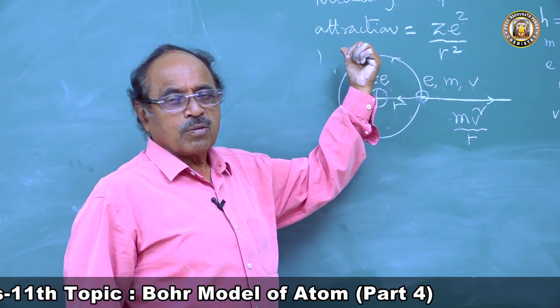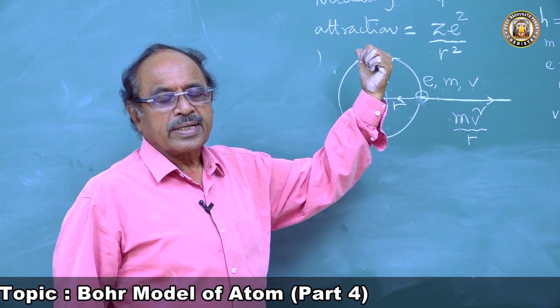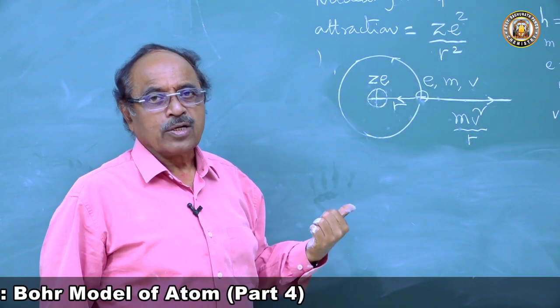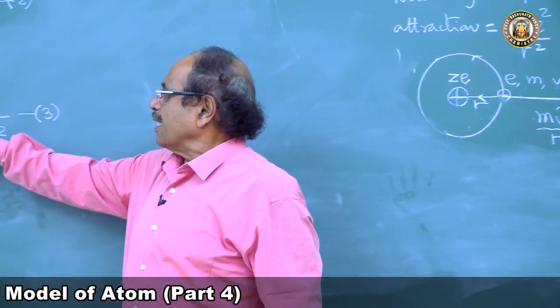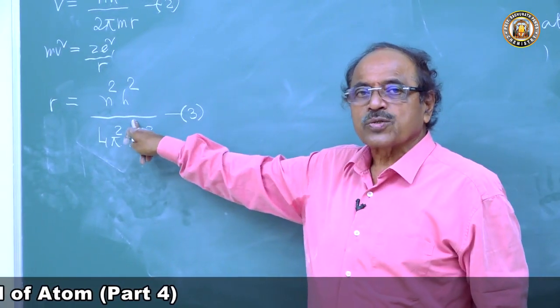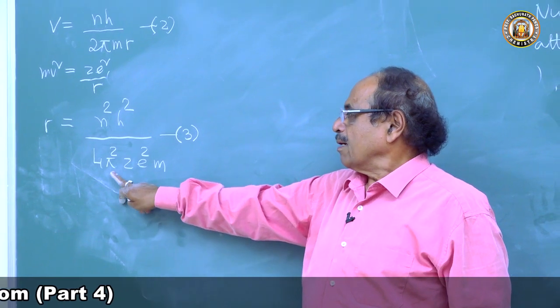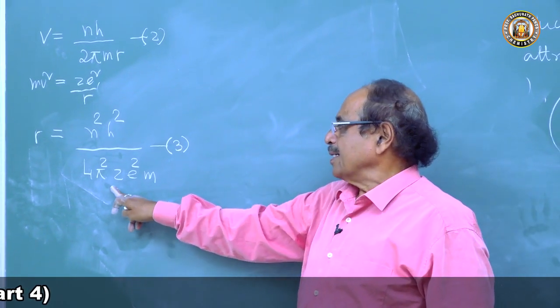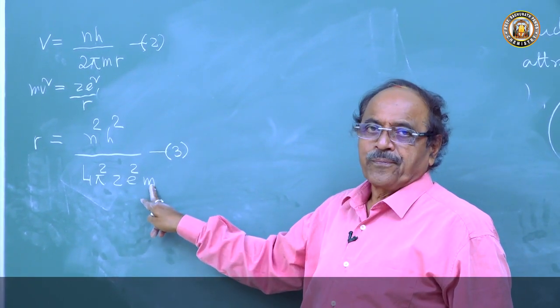Using the formula mvr equals n h by 2 pi, we calculated the radius of an orbit as n square h square by 4 pi square Z e square m.